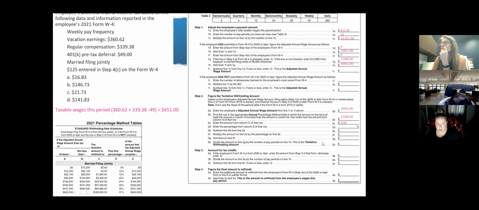From column C of that same row, the percentage, it's going to be 10. Subtract B from A, multiply by the percentage. Add them together. And then divide.